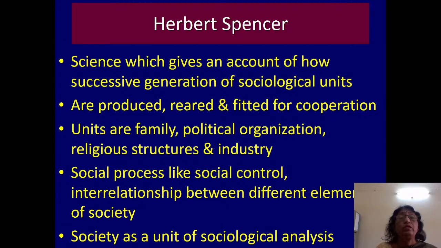He said how it was flowing from one generation to another. And then he said that the units are mainly family, political organization, religious structures, and industry. So, social process is nothing but social control and interrelationship between two elements of society. So, society is a unit of sociological analysis.